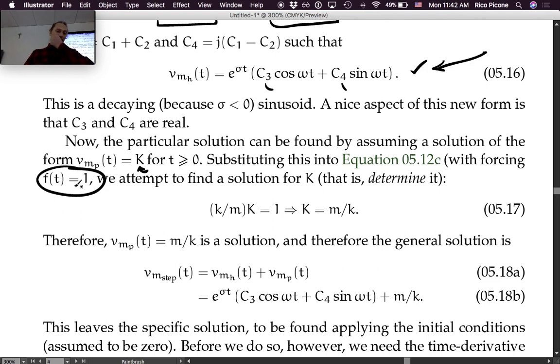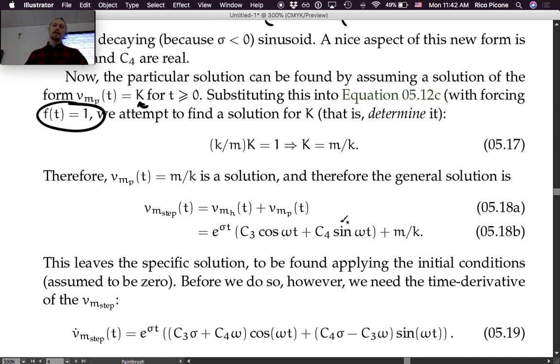If you didn't, you would have to include the other terms, which is not what it's about. So we attempt to find the solution for k, and it's easy enough solving this equation for k. I think we could all do that because the time derivative terms of a constant go to 0. So yeah, that is our solution for k.